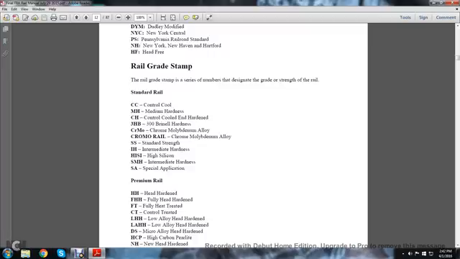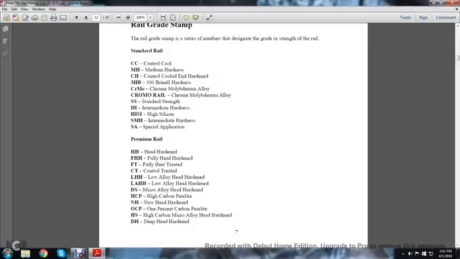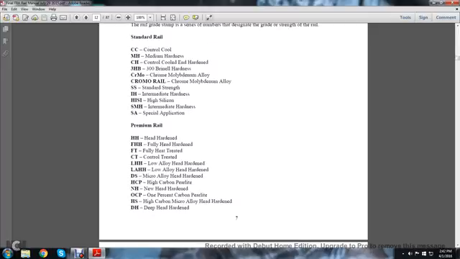SS standard strength, IH intermediate hardness, HISI high silicon, SMH intermediate hardness, SA special application.